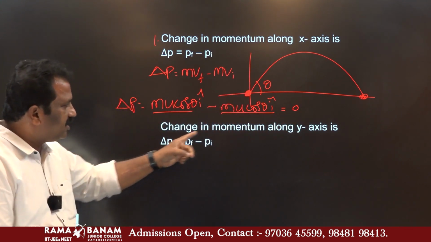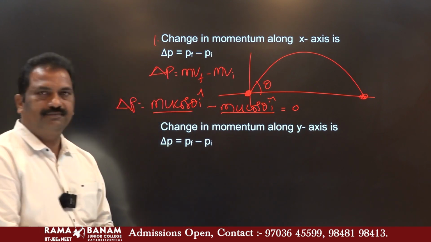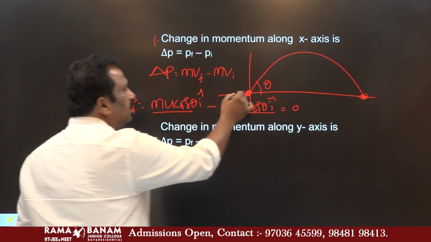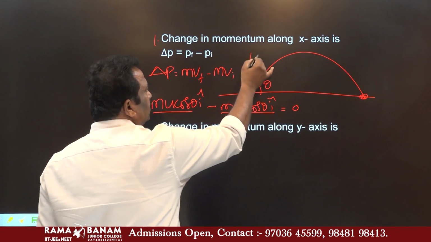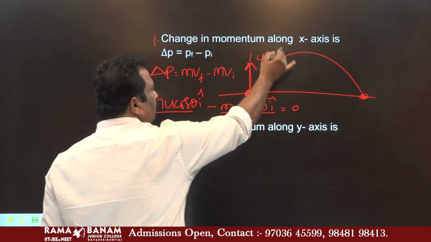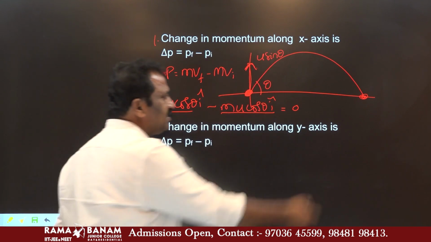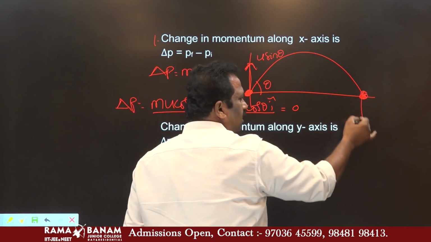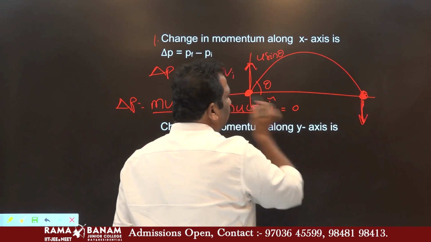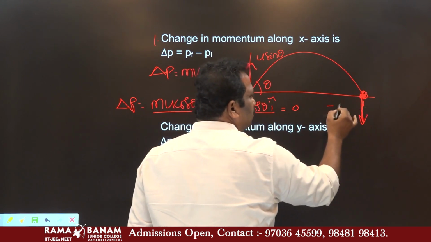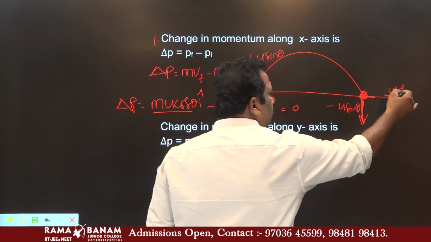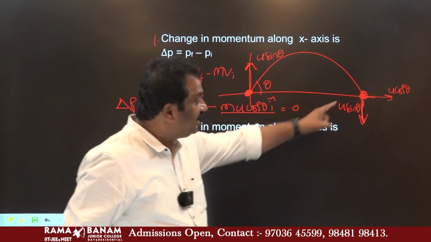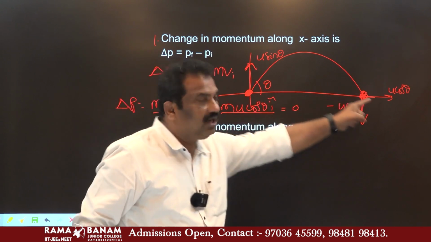Now, what is the change in momentum along the y-axis? Now we can discuss the same thing. Along the y-axis, the projected body has u sin theta at the point of projection. When it reaches the ground, what happened? The u cos theta is the same at the initial point and final point.